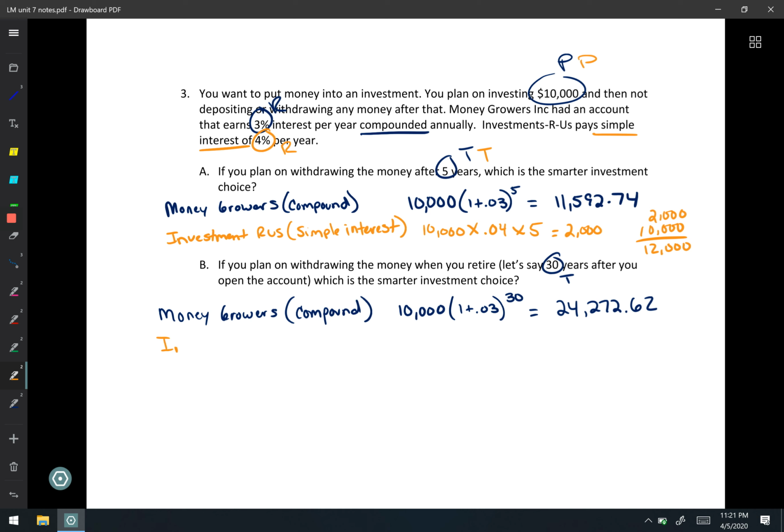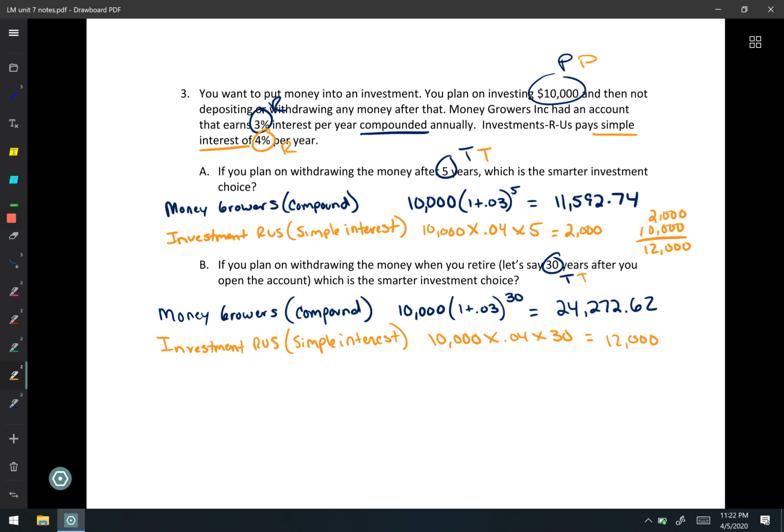Now Investment, simple. A principal of 10,000 times 0.04 times T again. Our T stays there. You get $12,000.